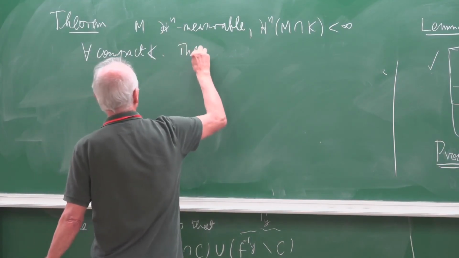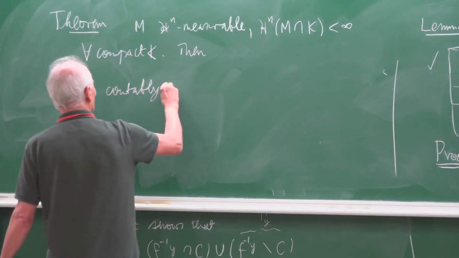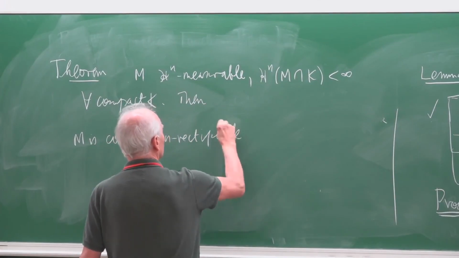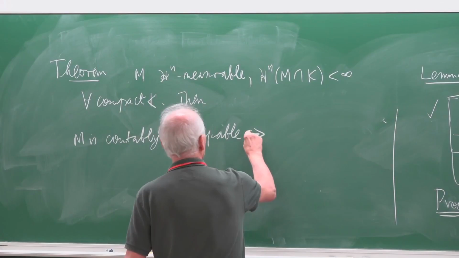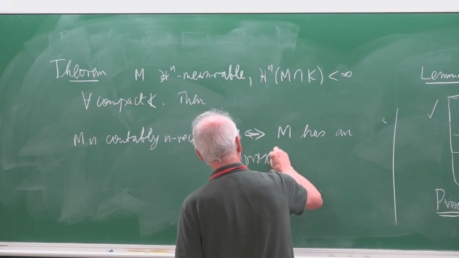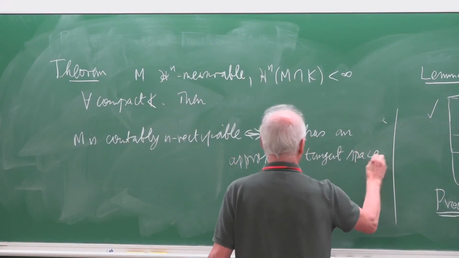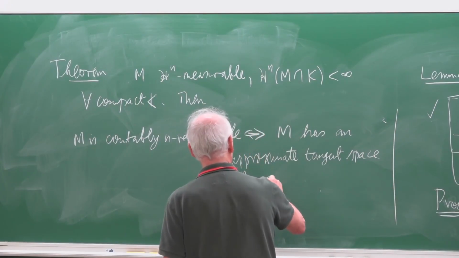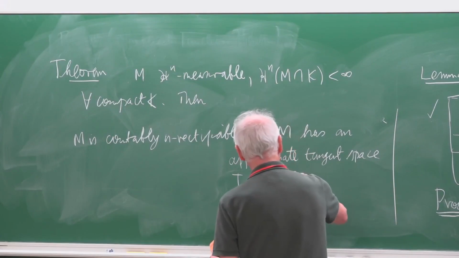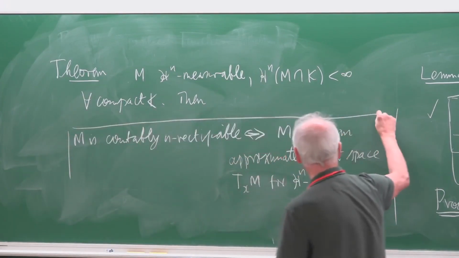Then there's an equivalence here. M is countably n-rectifiable, in other words, it satisfies that, if and only if M has an approximate tangent space T_x M for Hn almost every x in M. That's the result. Very nice result.